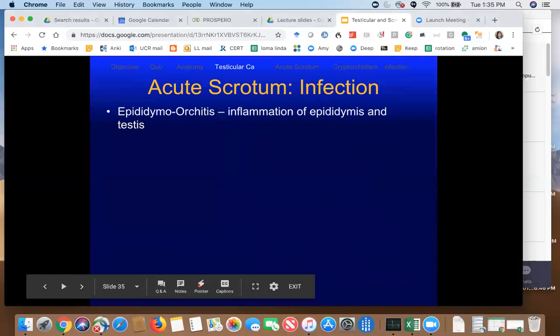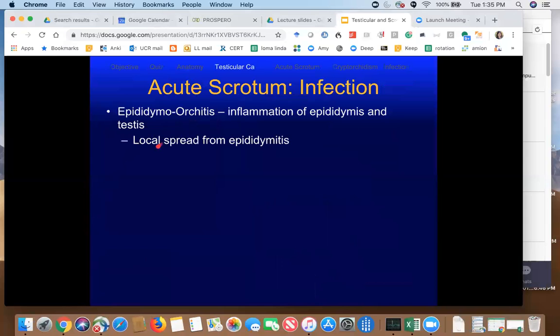Acute scrotum. Okay, now we're going to move on to acute scrotum. Most commonly it is from infection, epididymo-orchitis, usually pyogenic bacterial, and it spreads from the epididymis.